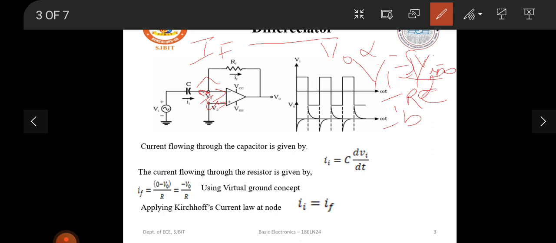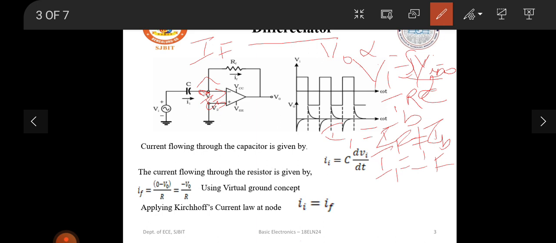So let us apply KCL for the node V1. It states that the currents entering the node are equal to the currents leaving the node. So I1 is equal to IF plus IB, where IB is equal to 0. As a result, I1 is equal to IF, so I1 is nothing but IC.